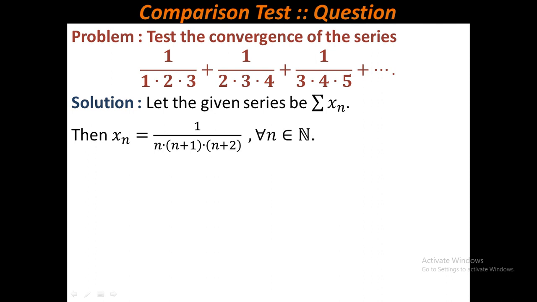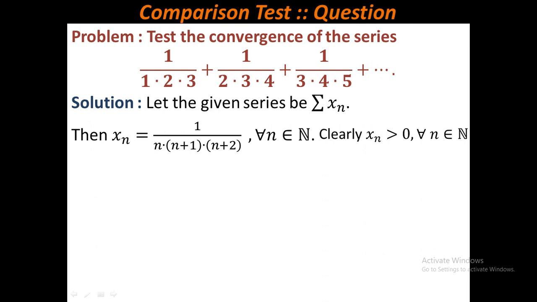Here also you have to choose yn. However, here xn is greater than 0, that is the given series is a series of positive terms. Actually, the comparison test in general form or in limit form is applied only to series of positive terms. However, you have to choose yn.